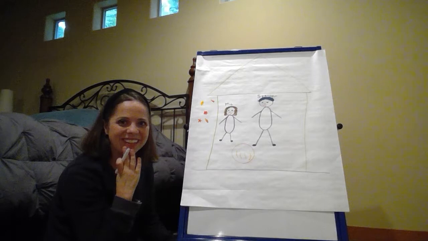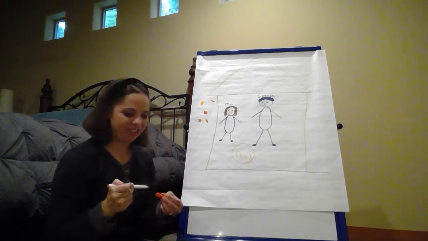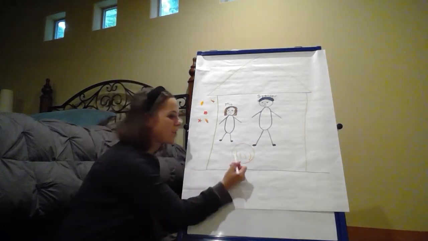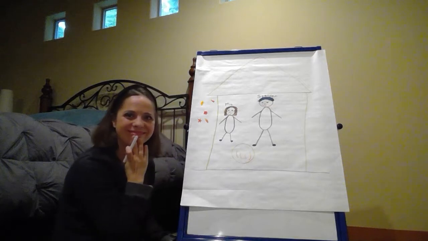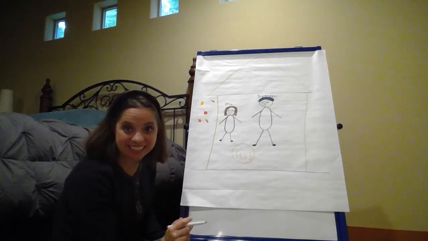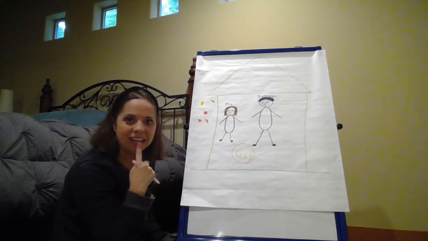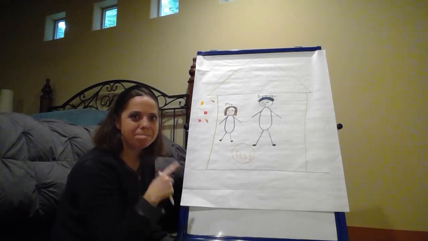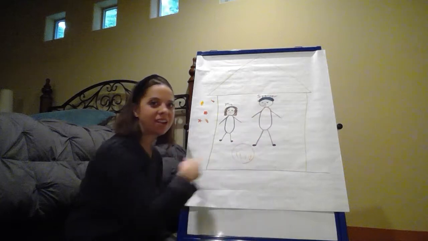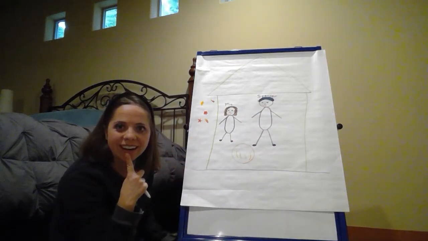A circle? And what color did I use to draw that circle? Orange? Any predictions, guesses, ideas? What this might be? Something big and round and orange inside our house in the fall season in the month of October.